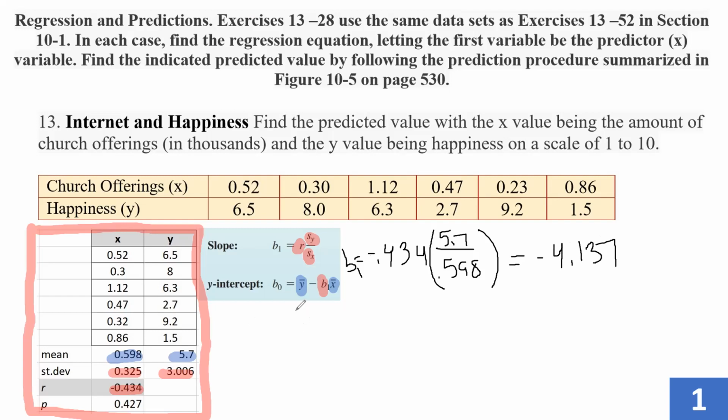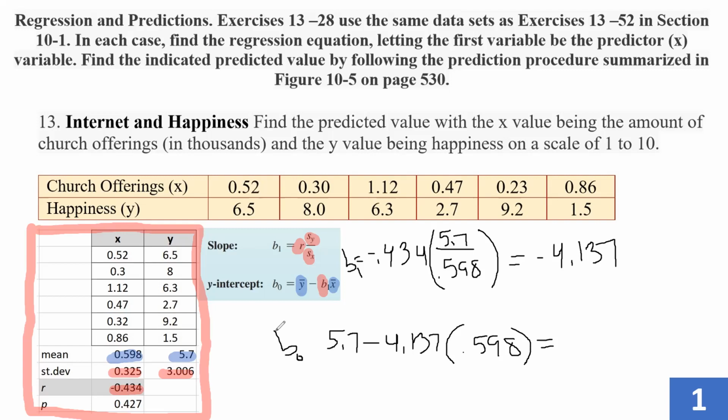Now let's do the next one, right? So it's b sub 0, right? So y bar equals 5.7 minus 4.137 times x bar, which is 0.598. Let's do the math for that.